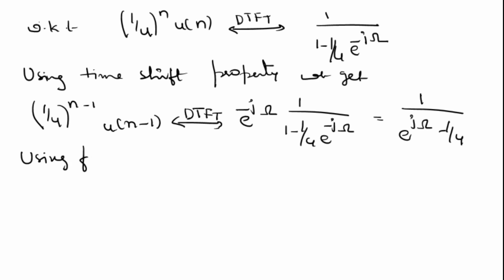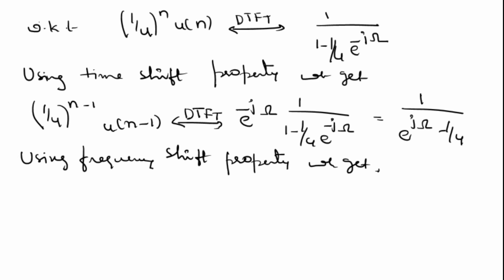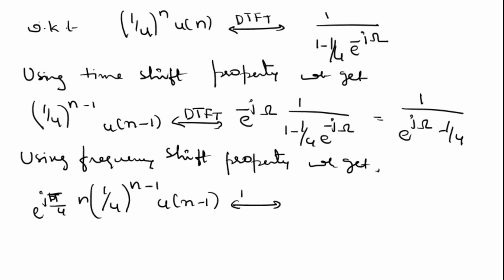And using frequency shift property, we get e^(j pi by 4 n) into (1 by 4)^(n minus 1) into u of n minus 1. By taking DTFT, we get 1 divided by e^(j (omega minus pi by 4)) minus 1 by 4.